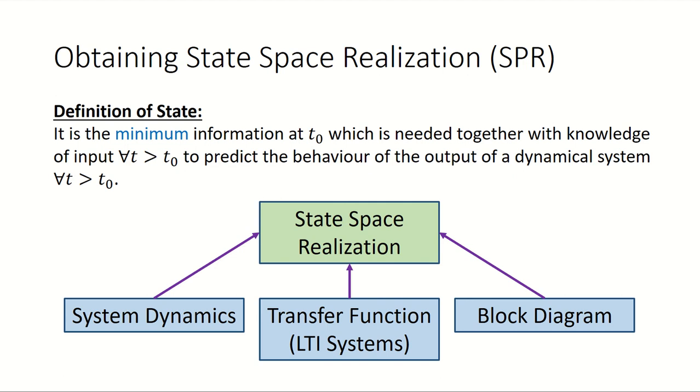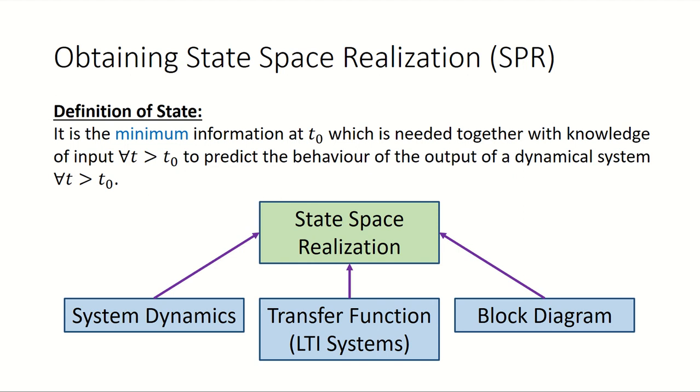As you have already seen in state space realization, we know the evolution of the states, so the information that we need is only the initial condition of the states. So that is the information we need. So the minimum information we need.